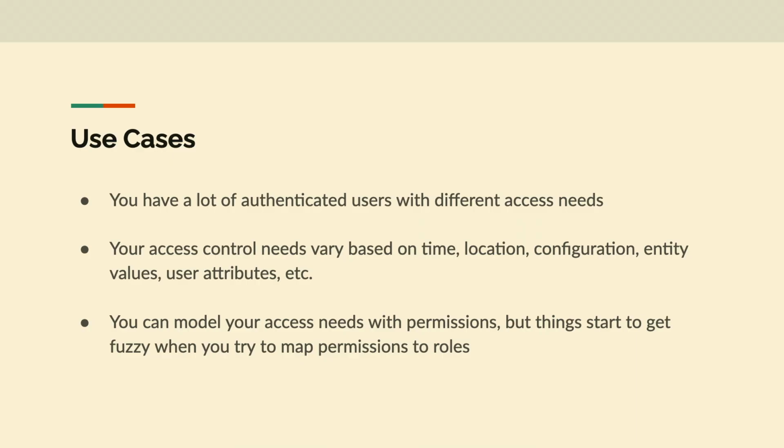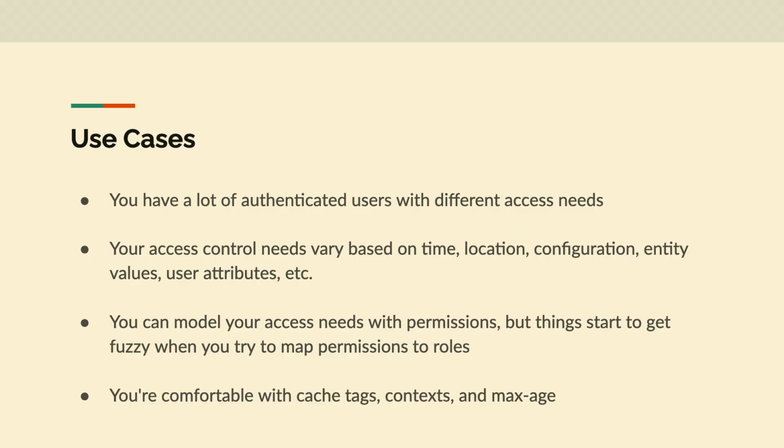At some point, we're all going to have access needs that's going to have to be a lot of custom code. The goal of the access policy API is for you to be able to hang on to permissions a little bit longer by extending them beyond just roles. So the access policy API can't do everything, but it delays the moment where you have to write a lot of really weird access logic.